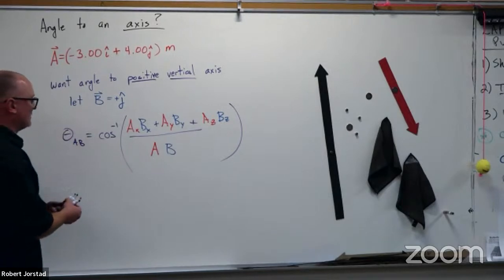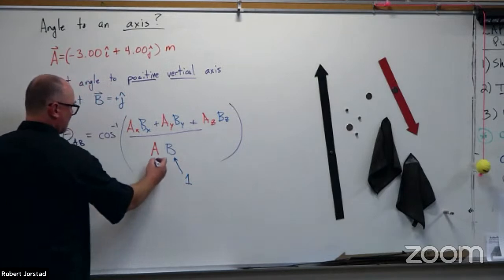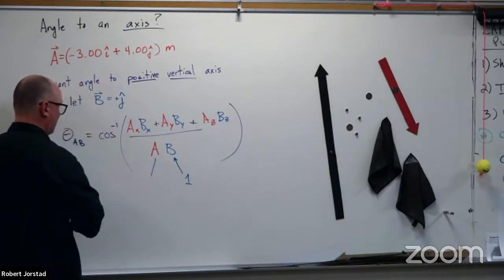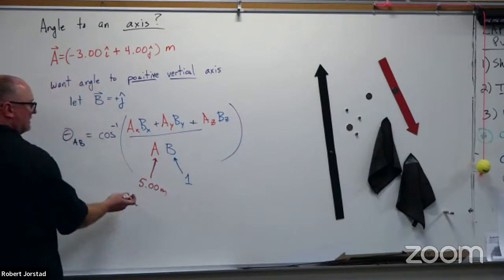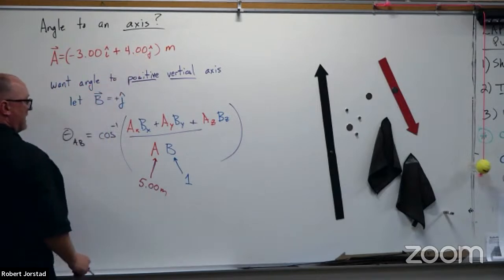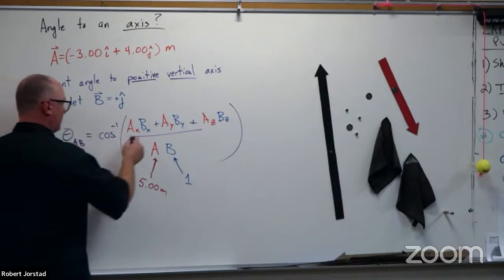What is the magnitude of B? That's 1. What was the magnitude of A? That was 5.00 meters. And then we could look at these things. BX should be 0.